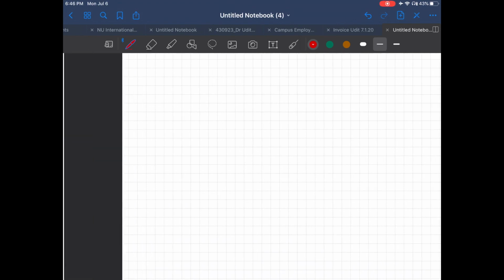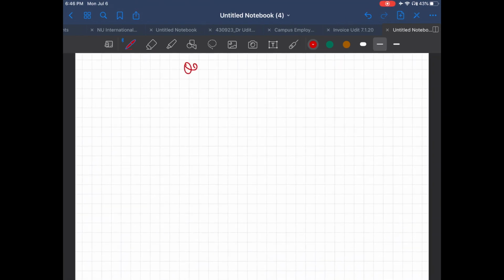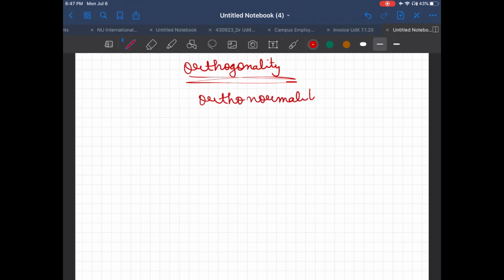Now with this concept, let us introduce the term which we call orthogonality. We are slowly and steadily getting towards all the ingredients required for singular value decomposition, where we will ensure this condition of orthogonality and orthonormality.